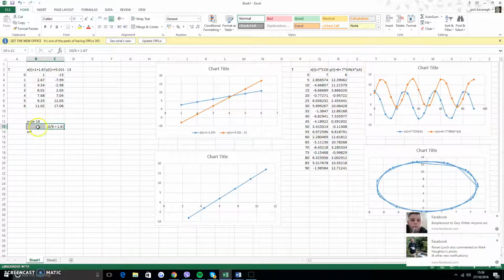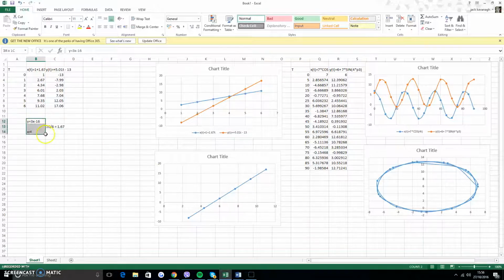So it's going to be moving at 1.67 units per second. So what we're going to do to the equation then is sub in this here with t.